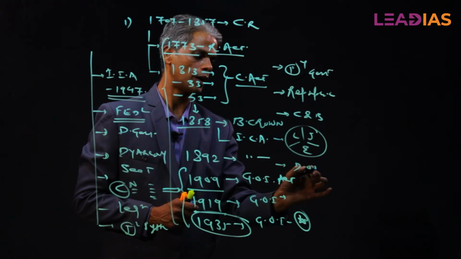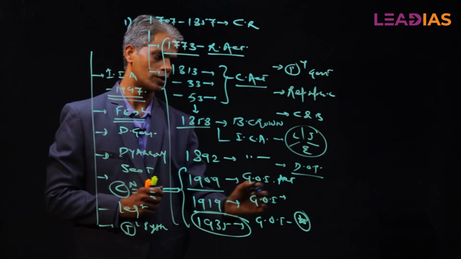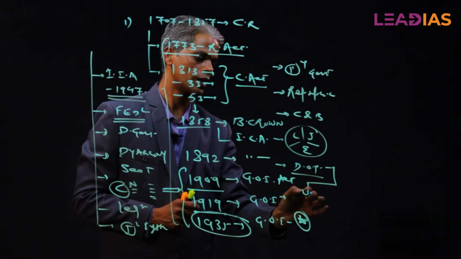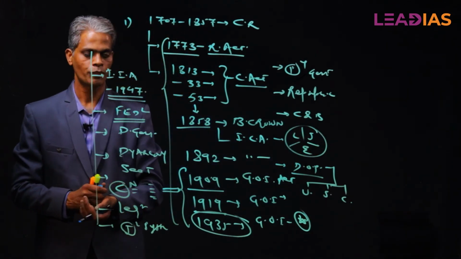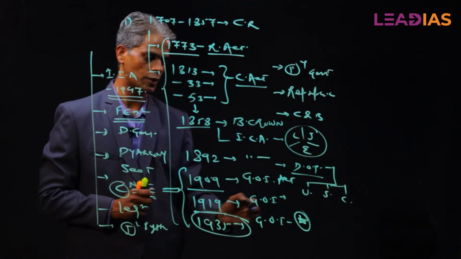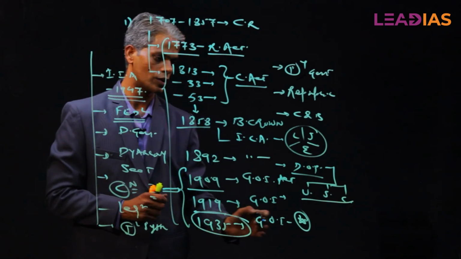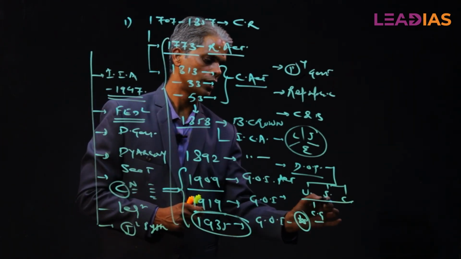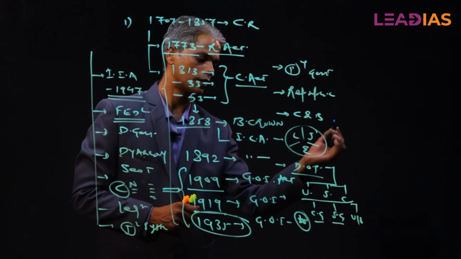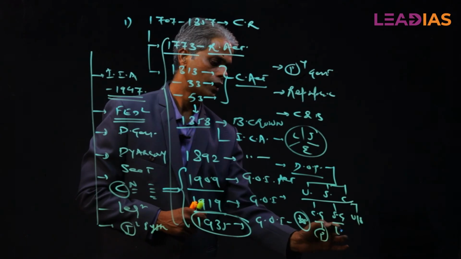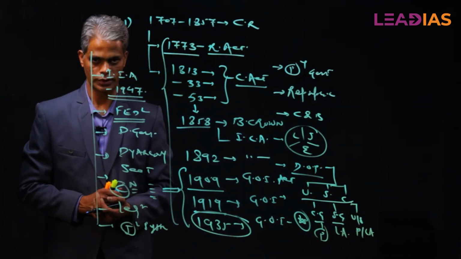Then division of power. In history you will see reserved subjects and transferred subjects. Today we call them the union list, state list and concurrent list, which are mentioned in various schedules of the constitution. Especially the 7th schedule talks about these three kinds of lists, where the central government has jurisdiction on the union list, the state government on the state list, and on the concurrent list both union and state, that is, parliament and legislative assembly both.